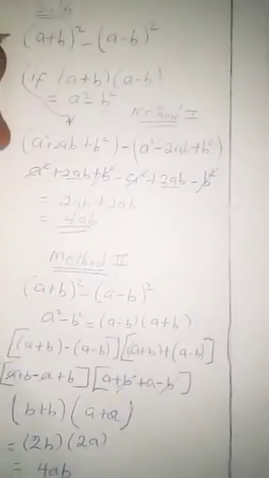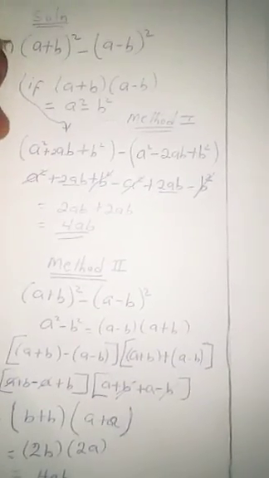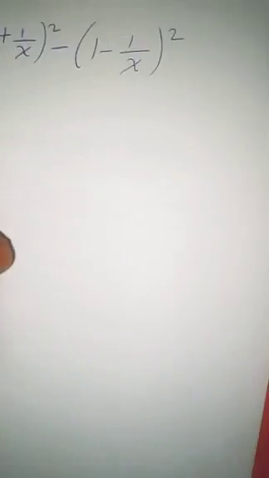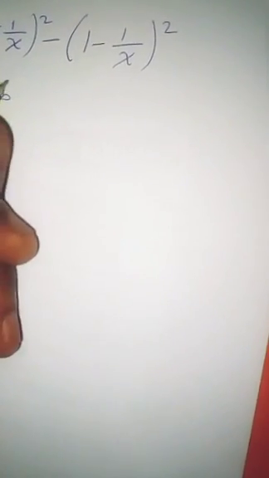So either method is workable. So this is for question A, and then we move on to question B. Question B is a fractional question, so we can use the previous methods. I want to use the difference of two squares method. Remember, a squared minus b squared is equal to (a − b)(a + b).